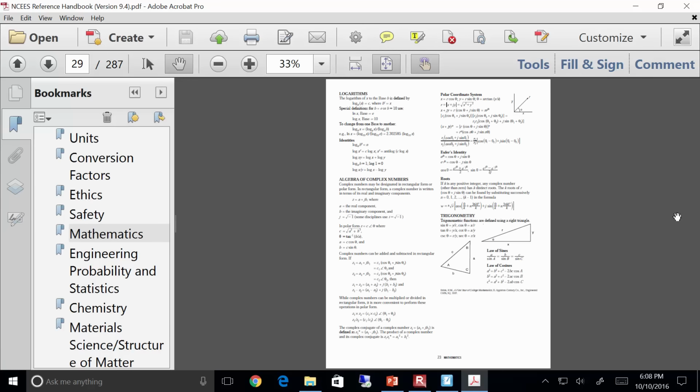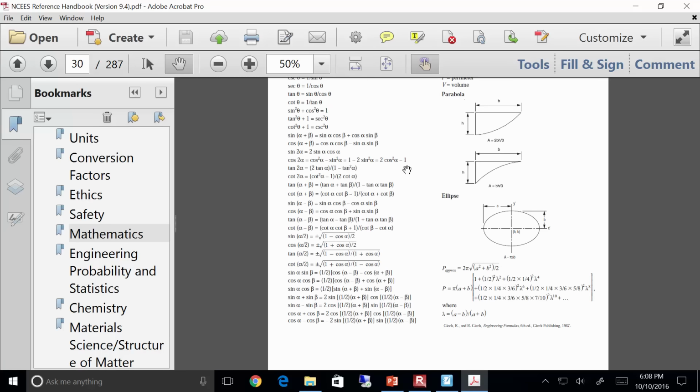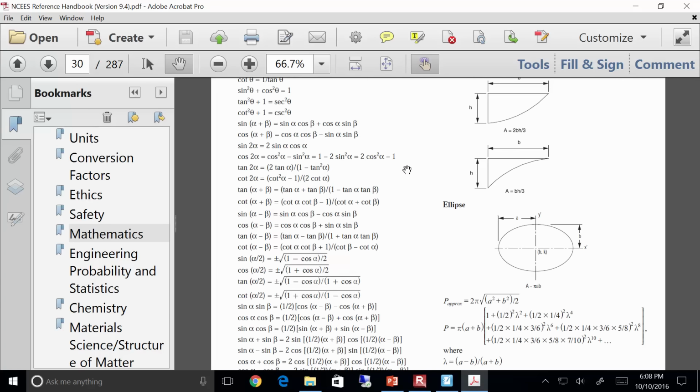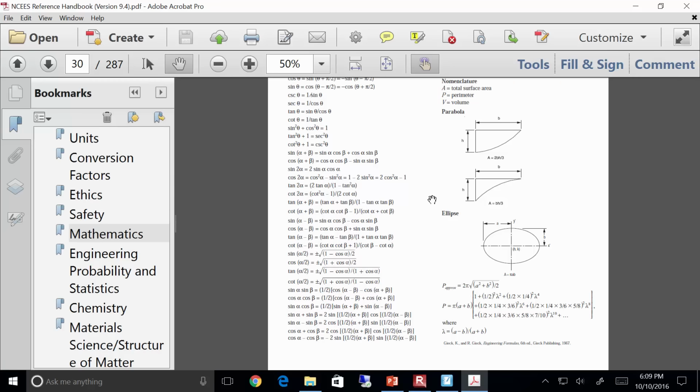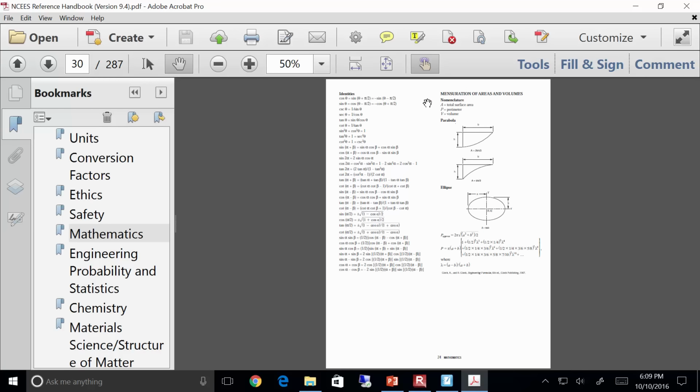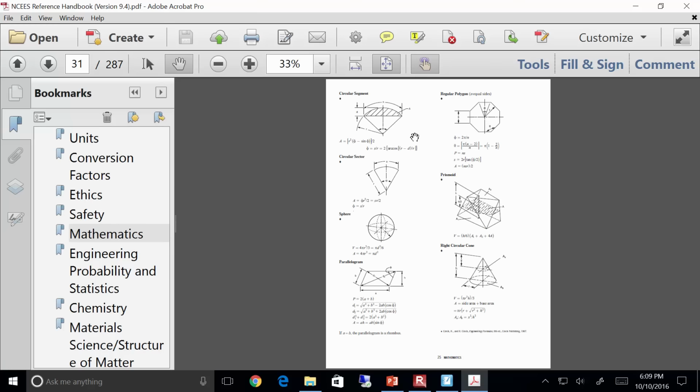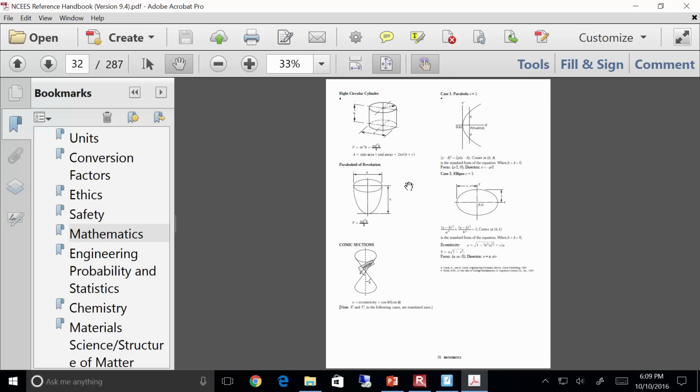Let's see. Got trig properties, law of sines, law of cosines. We were mentioning that a little bit right before class started. Trig identities, which is something you're probably going to want to go through. This is the type of stuff that we're going to be talking about tonight. Properties of areas, particularly parabolas, ellipses, circular segments, spheres, regular polygons, all the 3D stuff, paraboloid of revolutions and all that.